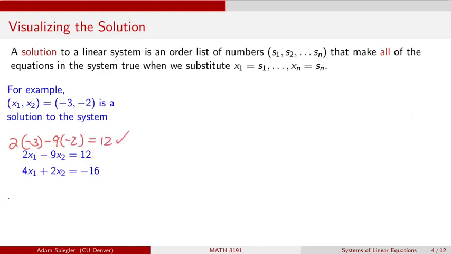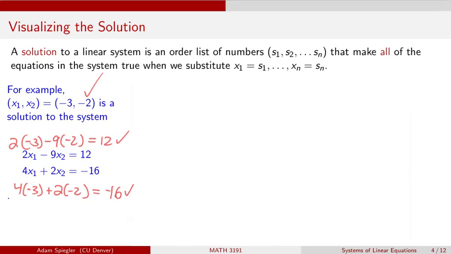And in this case, we do. You also want to make sure that when I plug minus 3 for x1 and minus 2 for x2 into the second equation, we get minus 16. Both of those calculations check out. So we have just validated that we have found our solution.